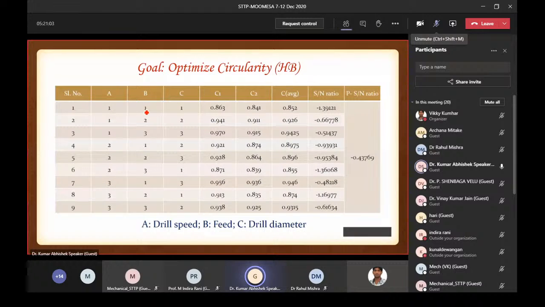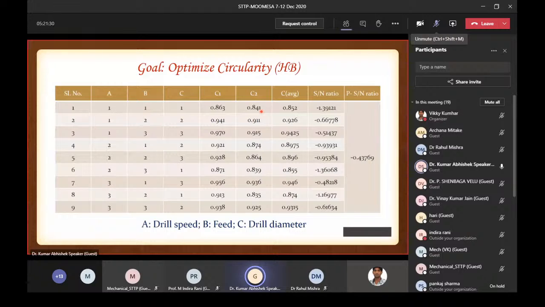You have repeated this treatment twice in order to determine the circularity. You determined circularity 1, and again you repeated this treatment, and the second time you got this value as 0.841.